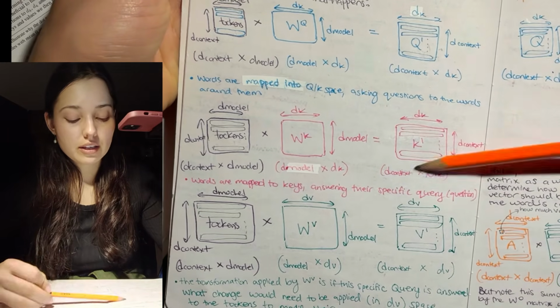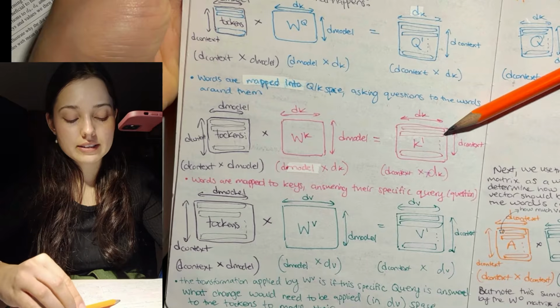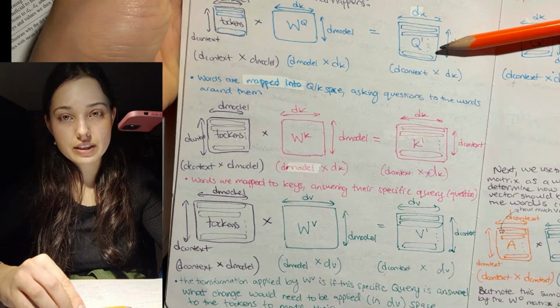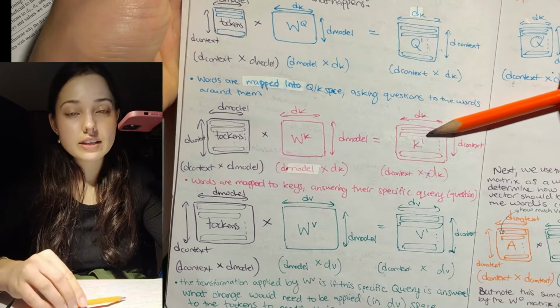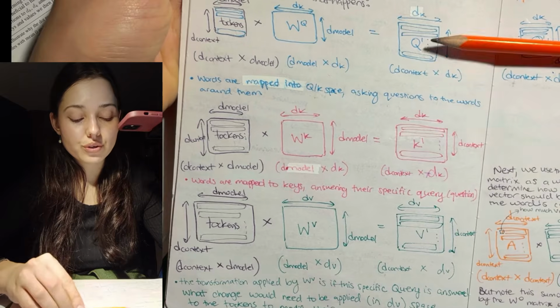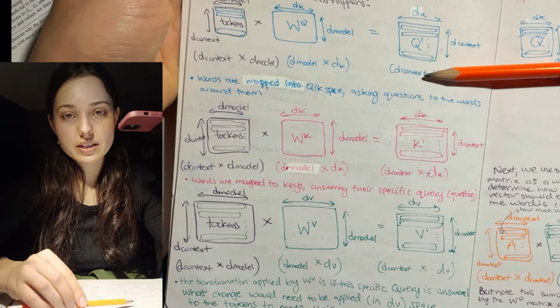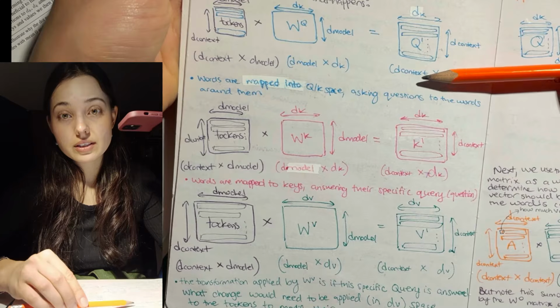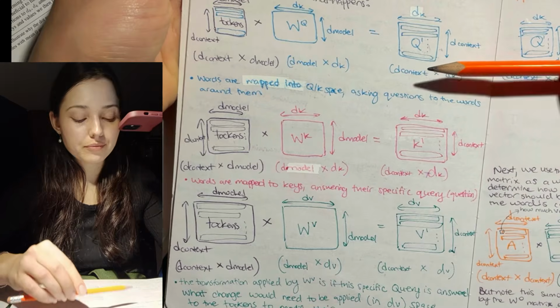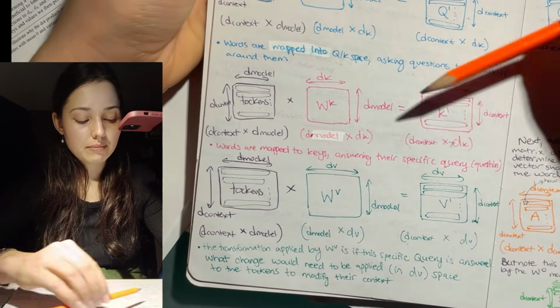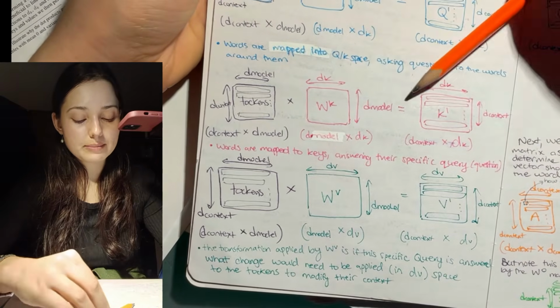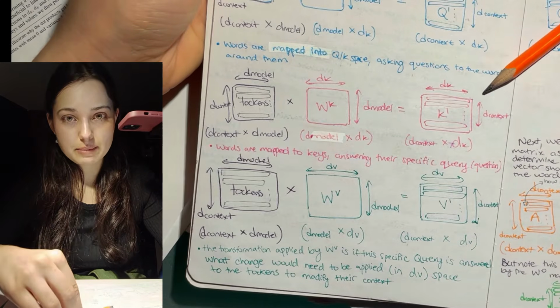The key space is answering the query that it's associated with. So in this case, it's answering yes or no to: am I affecting the meaning of this word based on feelings of love or admiration? So this WK is being applied, and then we have some key space here.